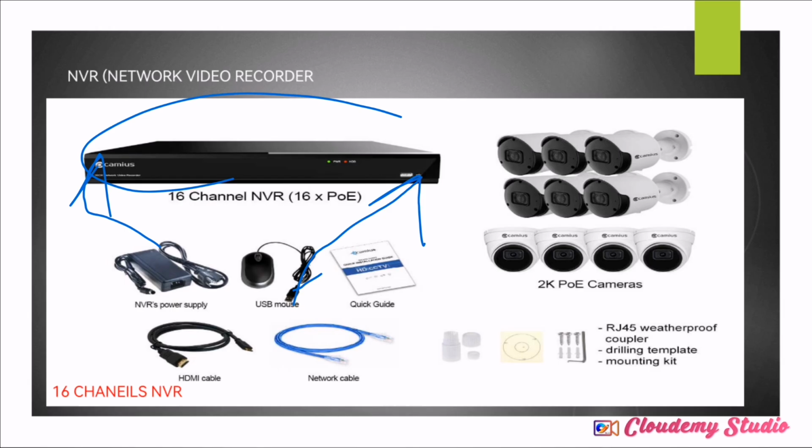Whatever information you see on the monitor, you use the same mouse to operate the system. If you want to zoom one camera, you use the mouse. If you want to set the time, date, hours, whatever you want to do, you use the mouse. This helps you command anything you want on the surveillance system.